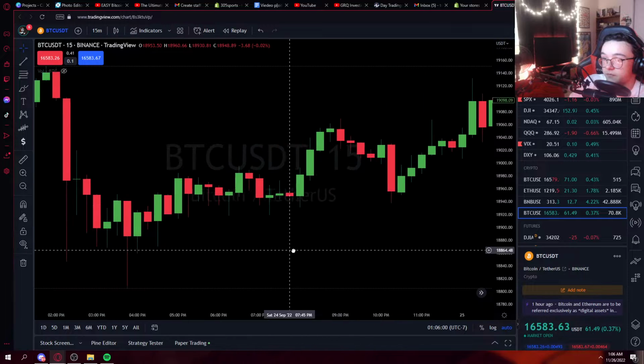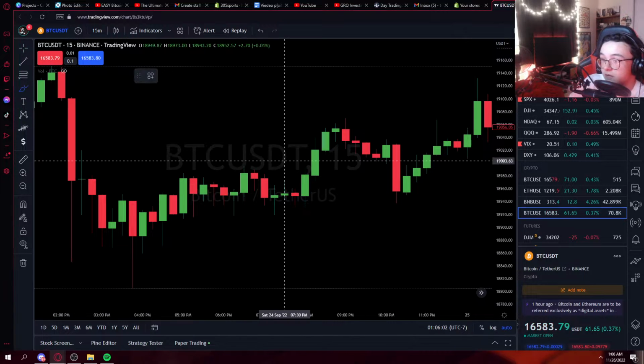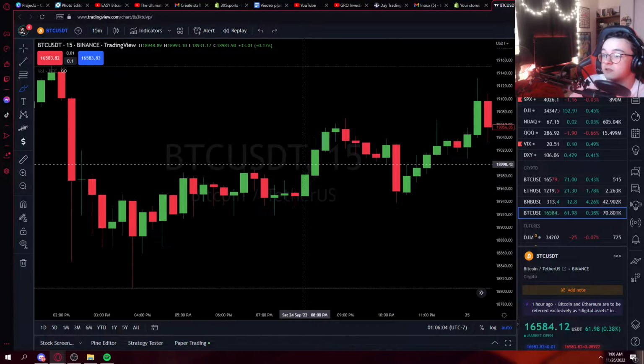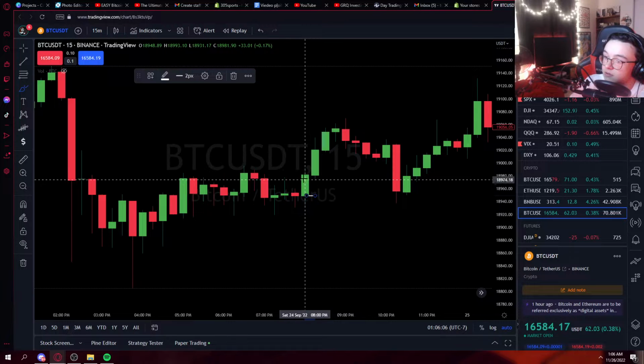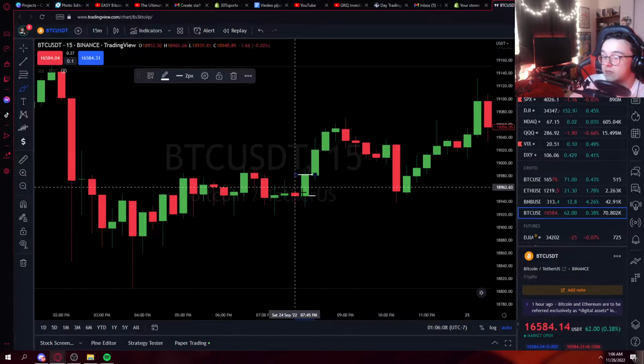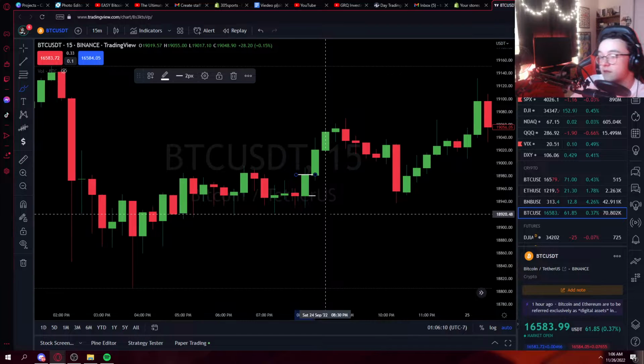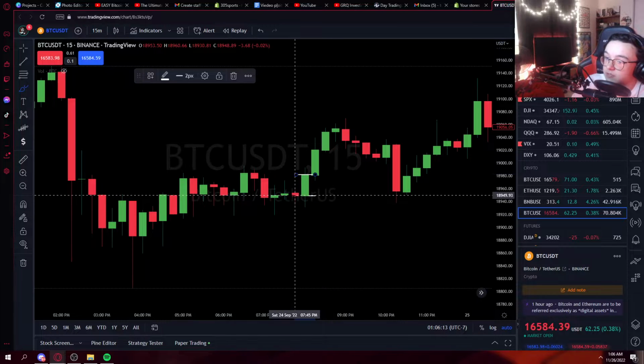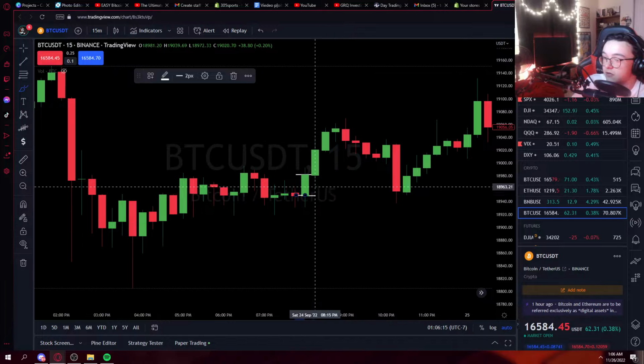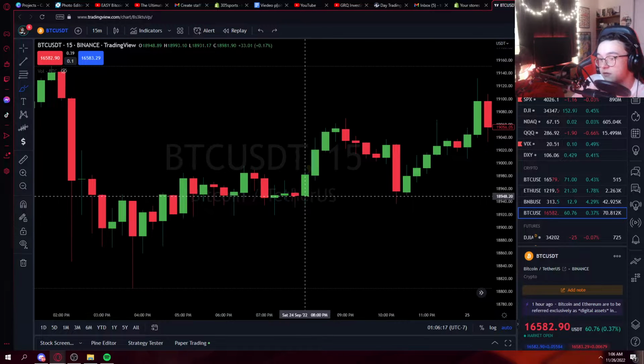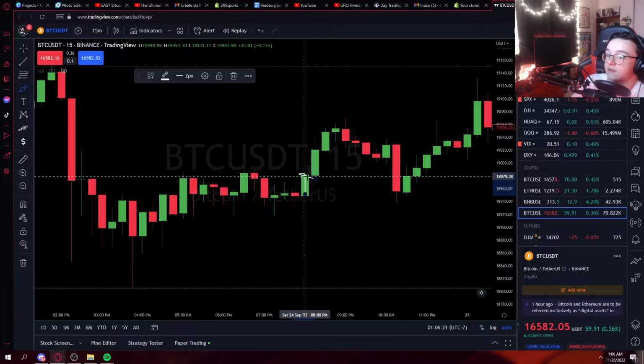So let's go right here. Okay, these are called the wicks. So basically what happens is, you see right here, this is called the body. This big green part right here, that's the body. So the price previously opened right here. It ended the last candle at this price right here, and then it grew until that.